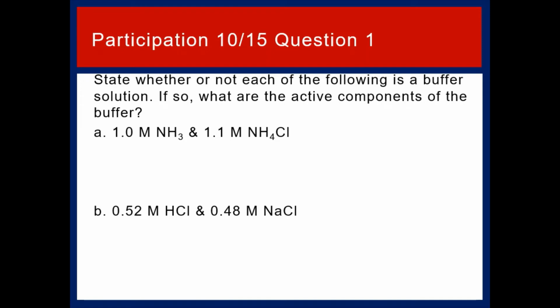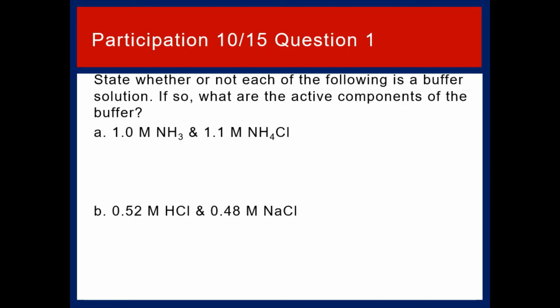Participation 1015, question 1. State whether or not each of the following is a buffer solution. If so, what are the active components of the buffer? Then I got 2 potential solutions. First, a solution that is 1.0 molar NH3 and 1.1 molar NH4Cl. And second, a solution that is 0.52 molar HCl and 0.48 molar NaCl.